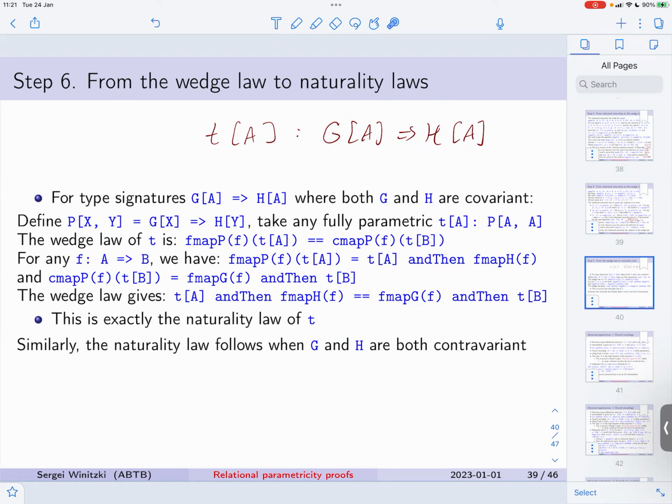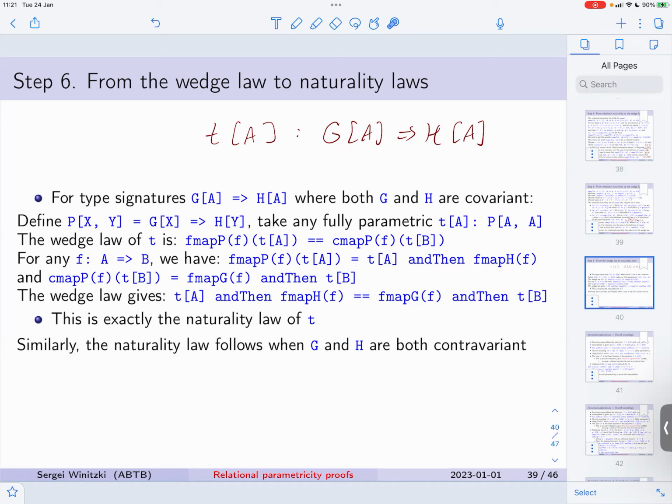We just can use the naturality law directly. It's much easier to use a naturality law than to go back to a relational law, write out all those conditions, try to substitute relations in the right way, function graphs or some other relations, and so on. So naturality laws are a shortcut, and whenever possible, we will try to use them.